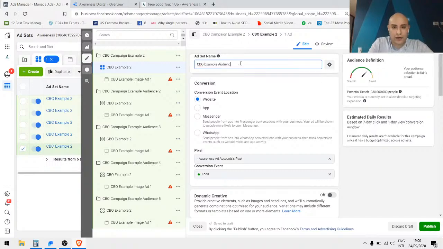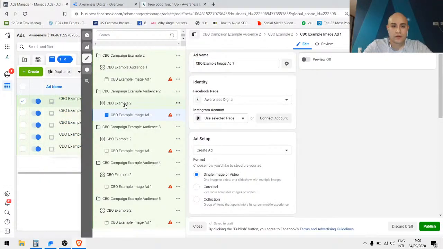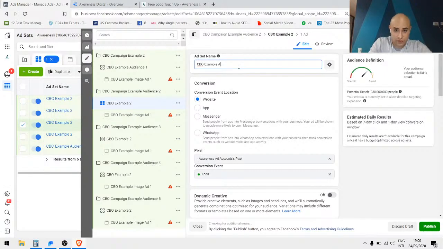So CBO example audience 1, and then audience 2, CBO example audience 2, and then we have example audience 3, then we have example audience 4. Sorry about that, guys. It can get confusing.